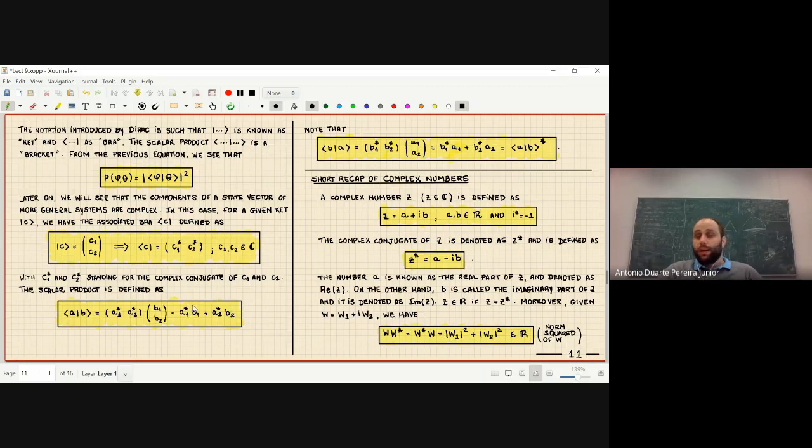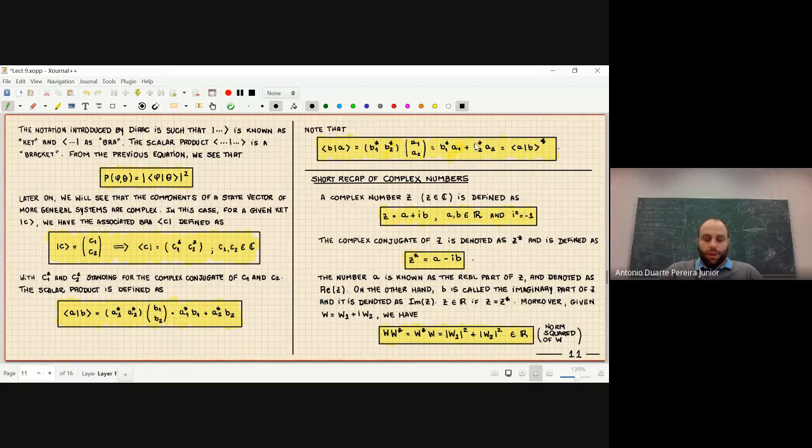Again, this is a number. But you see that now I have stars on the A's and I don't have stars on the B's. So if I compute the scalar product, the Dirac bracket between B and A, now the stars will be on top of B and not on top of A. So I get B1 star A1 plus B2 star A2.